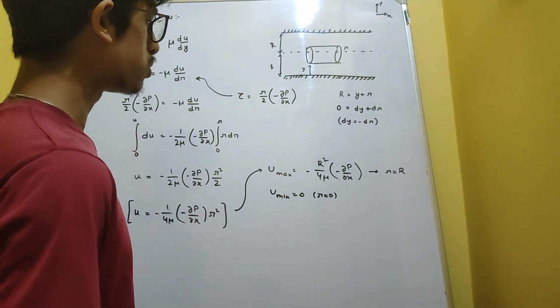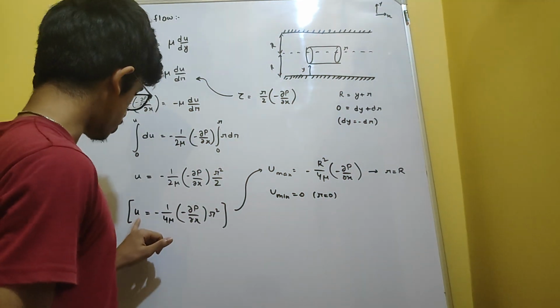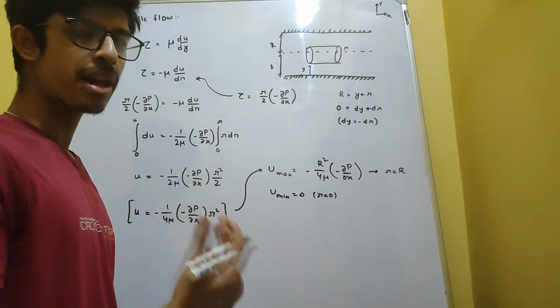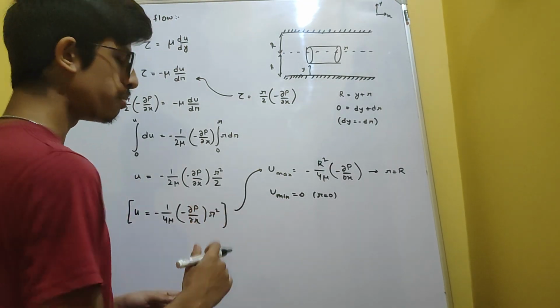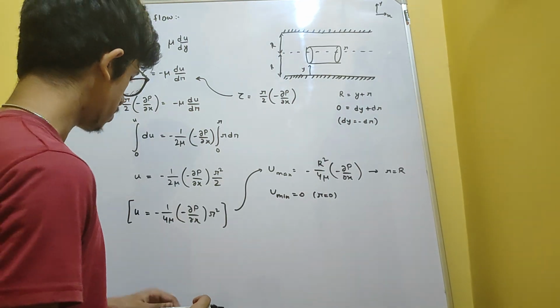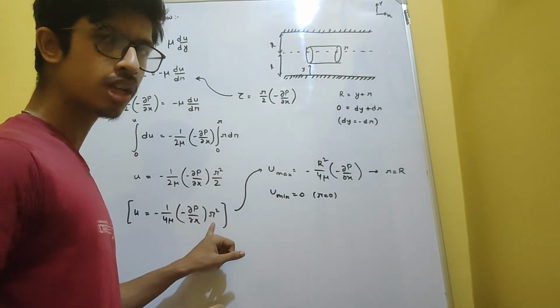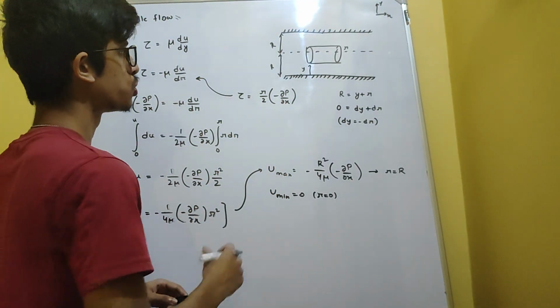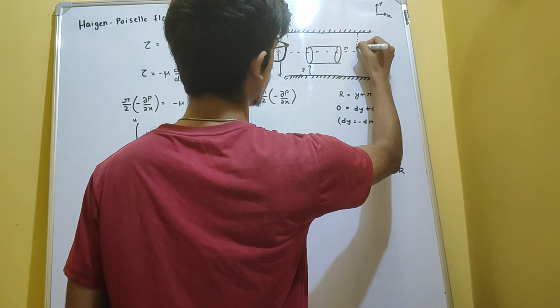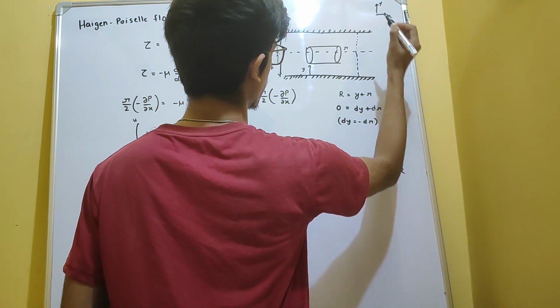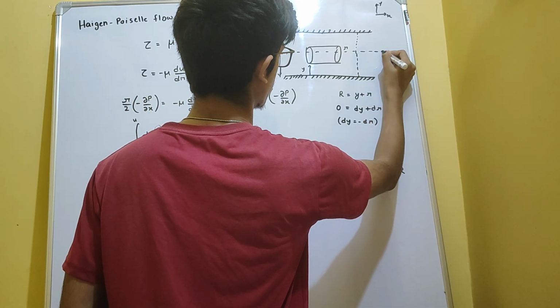So these are the values, and if you observe how the velocity varies with radius, it varies parabolically, because we have an equation with r to the power 2. So the local velocity varies parabolically with the radial distance. If you want to observe the velocity distribution at any particular section, here the velocity is 0 and here the velocity is maximum at this point.